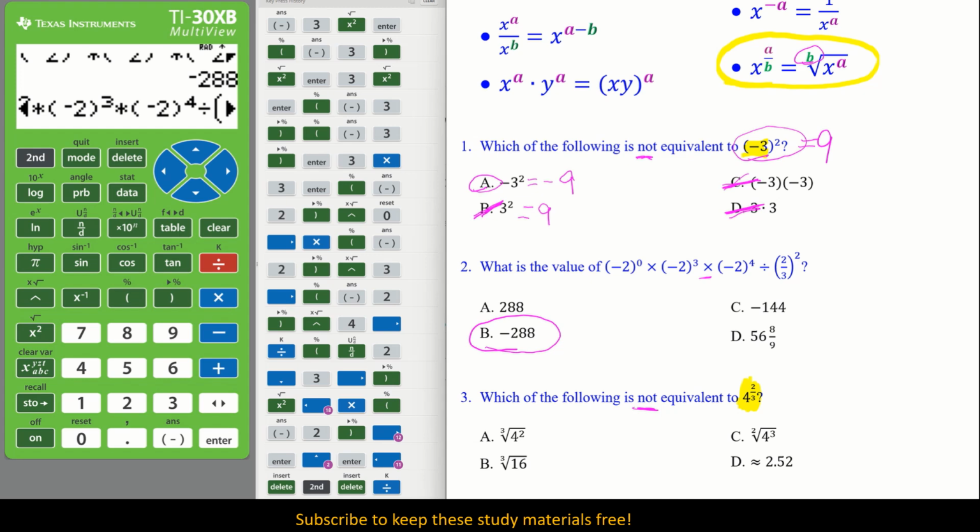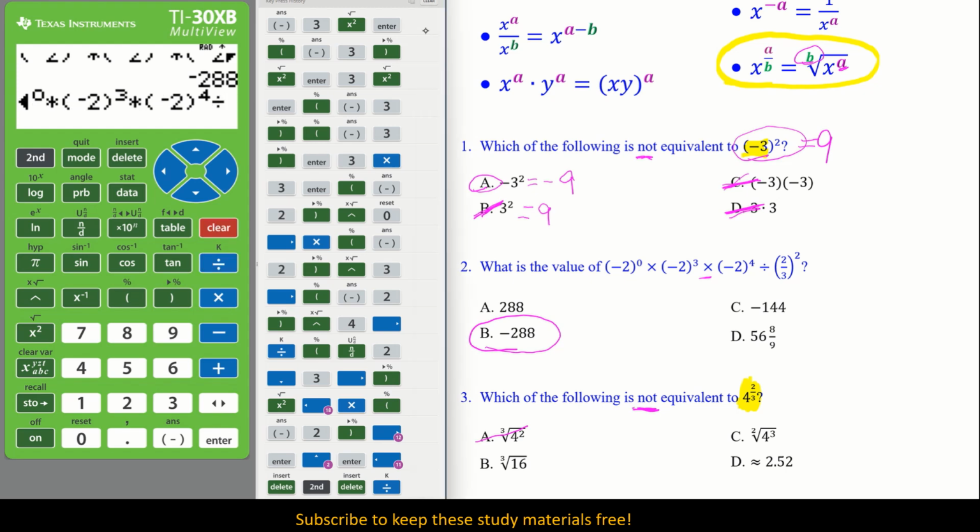And then the 2 is actually that exponent situation, which would be where the A is. So let's take a look at what we have. Well, A satisfies that. It actually mimics it perfectly. So A can't be chosen because we're looking for what does not work.